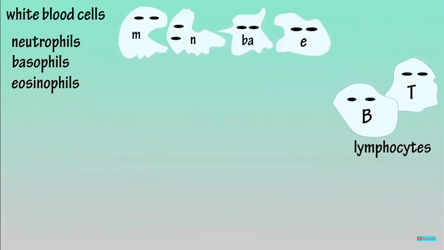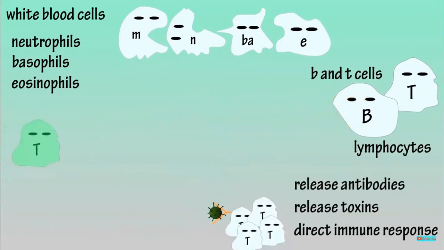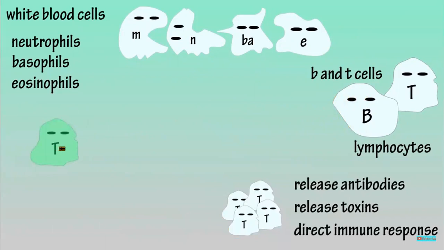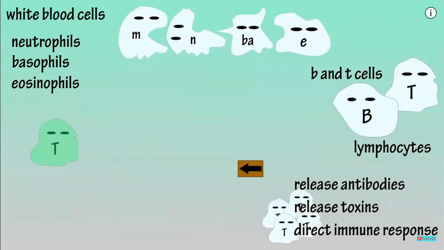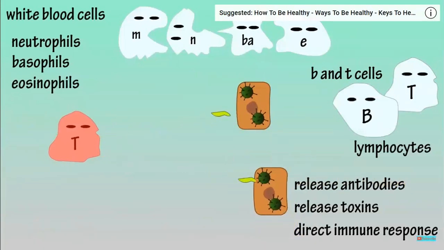Lymphocytes are the rock stars of white blood cells. There are 2 types, B cells and T cells. B cells can release antibodies, which bind to microbes and neutralize them. Helper T cells can release cytokines, which are chemical instructions that direct immune response. And killer T cells can release toxic substances that can kill infected cells.